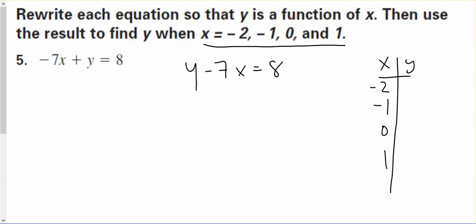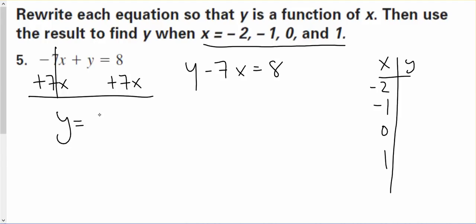So what undoes subtracting 7x? Adding 7x. When I add 7x to both sides of my equation, I get y equals 7x plus 8. I can't combine 7x and 8 because they're not like terms. The 8 doesn't have a variable with it. So there's writing y as a function of x, and now we're just going to substitute in some values.